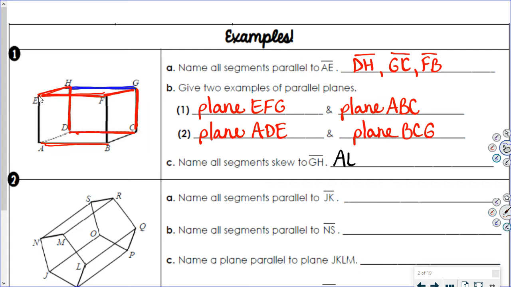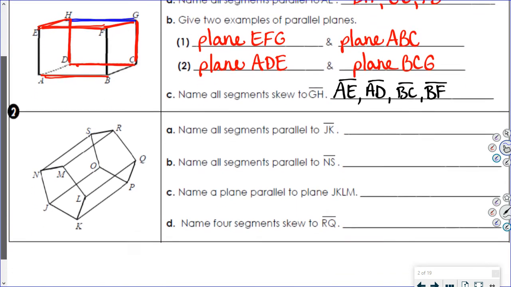So I have segment AE, I've got segment AB, I've got segment BC, and I have segment DF. All of those segments are skewed. So again, my strategy was that I went ahead and highlighted all of the ones that are parallel. I also highlighted all of the ones that are lying in the same plane as that HG, and then anything that remains is going to be considered skew.